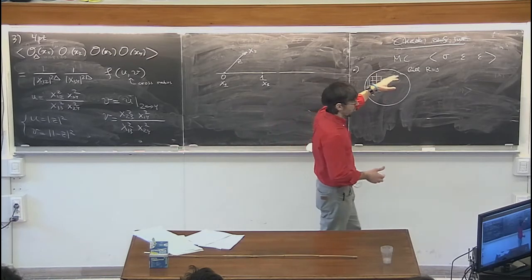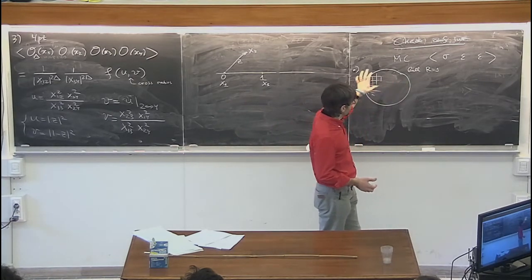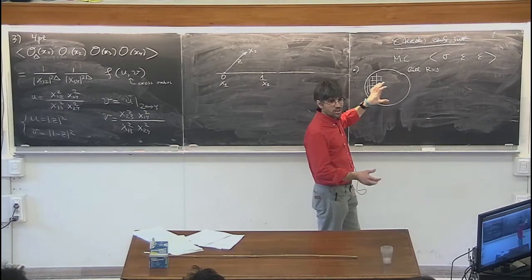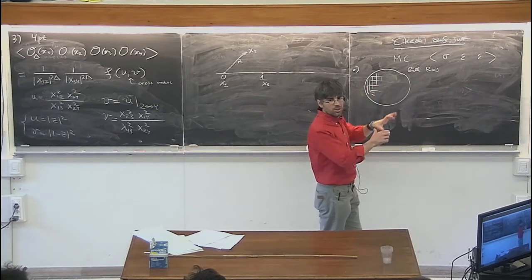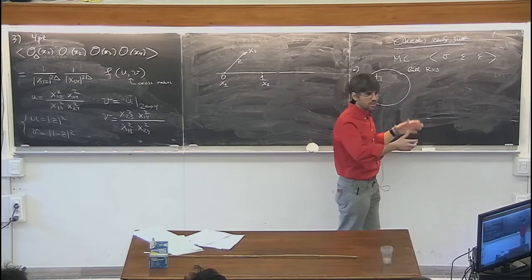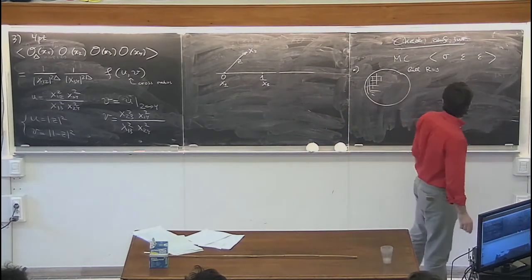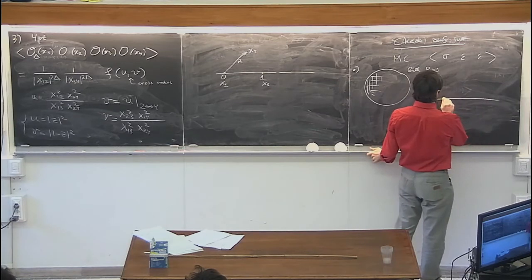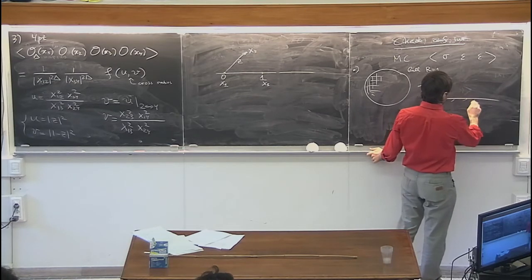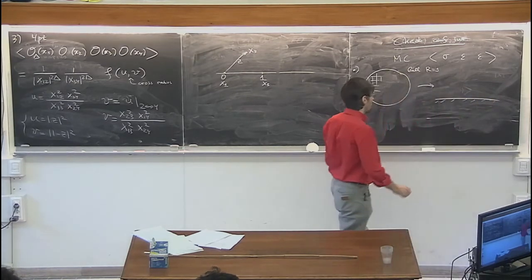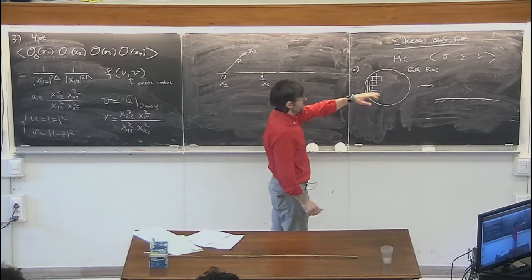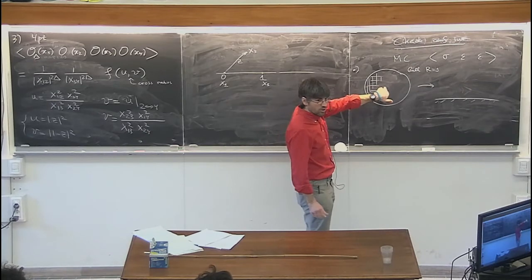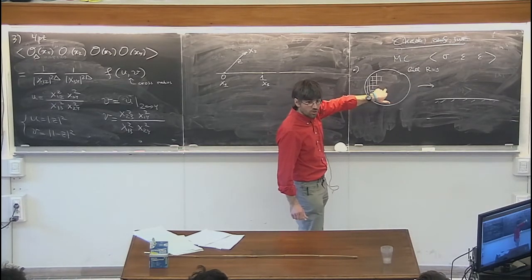Conformal transformations map spheres to spheres. In particular, you can map a sphere to a sphere of infinite radius, which is a plane. And so you can map this to a half space. And using this trick, you can obtain some predictions about how correlation functions should depend on the positions of points.